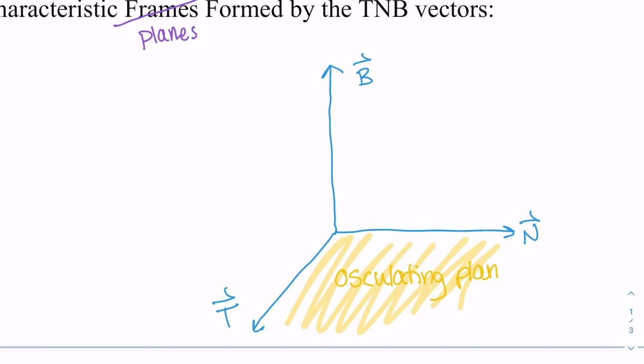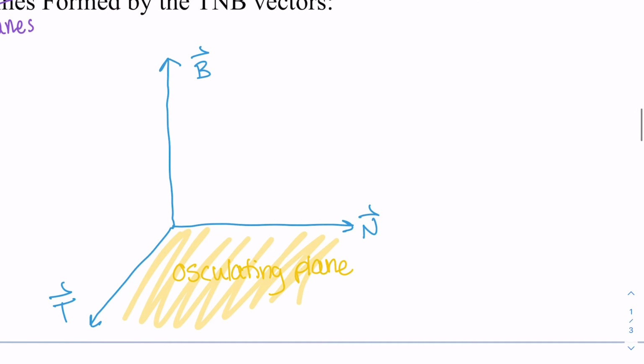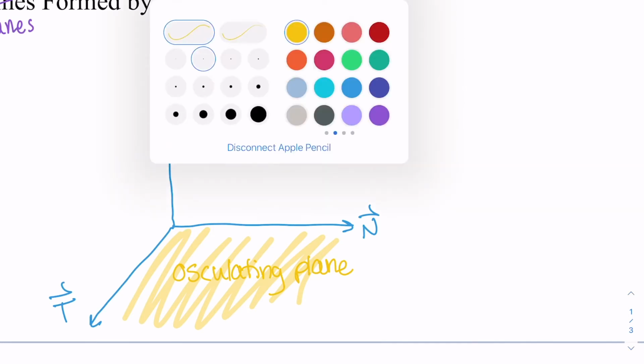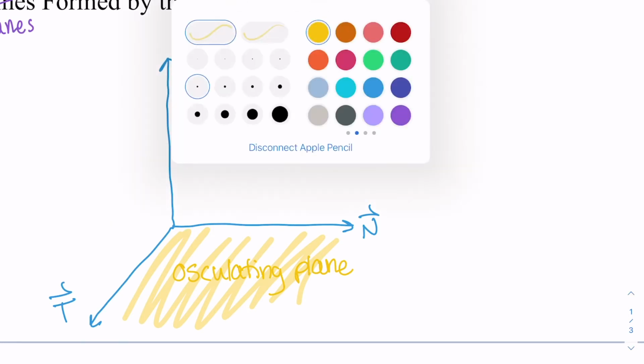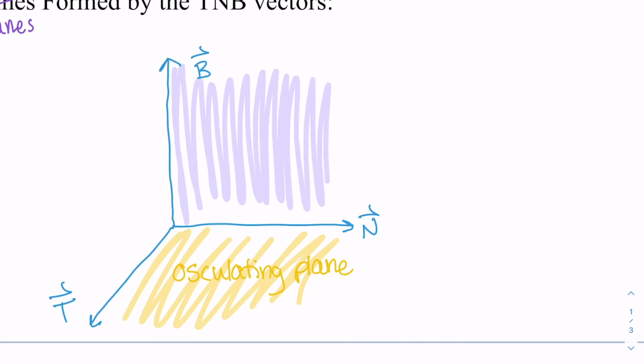And it's called the osculating plane because osculating is the Latin word for kissing, and this is like a tangent plane that is tangent and kisses the curve at that point. Then let me pick another flavor. So this plane, formed by the B and N vectors, is the normal plane.